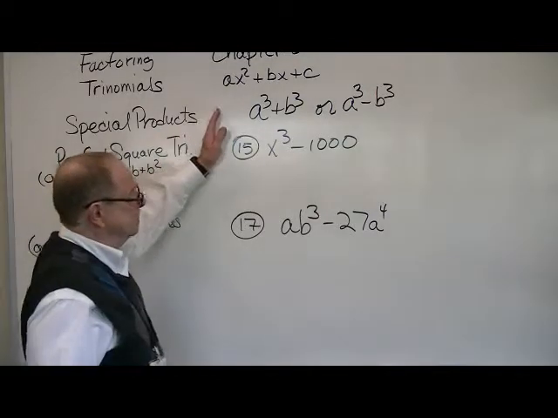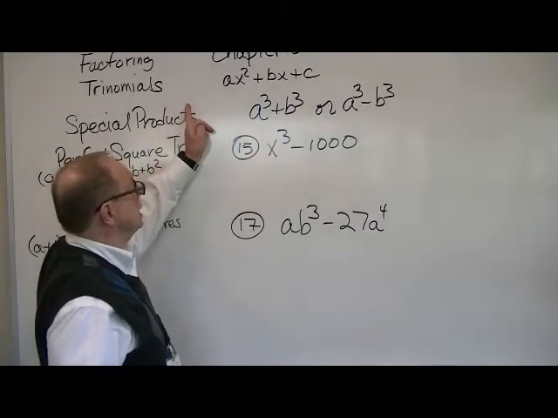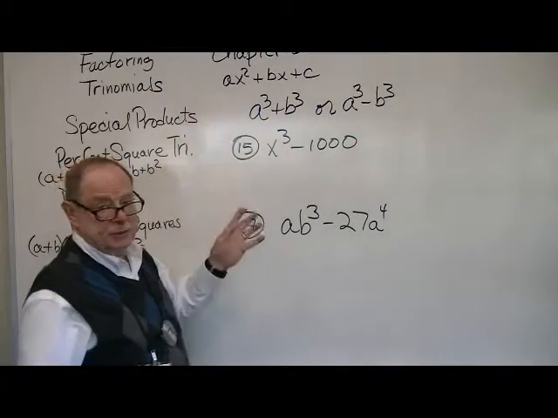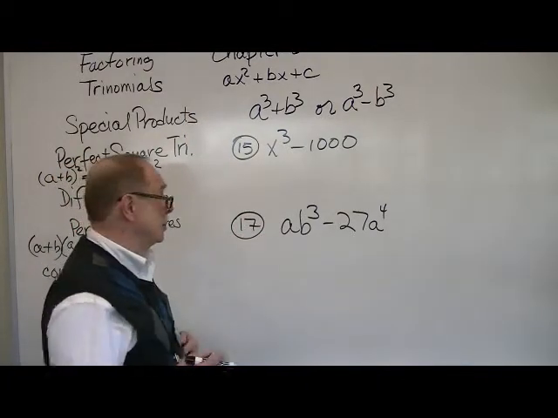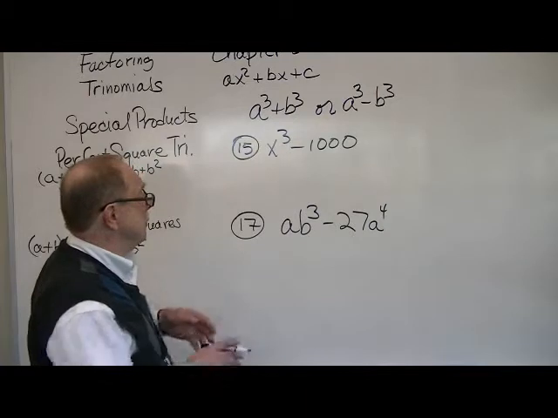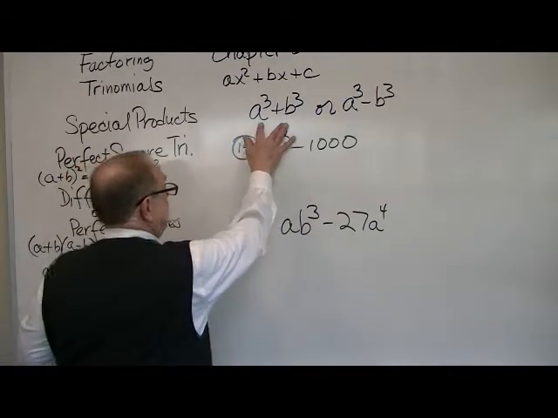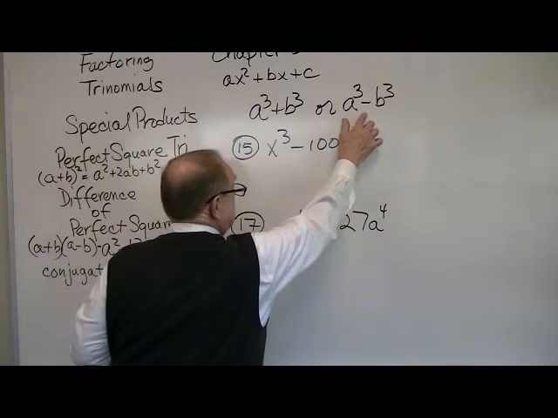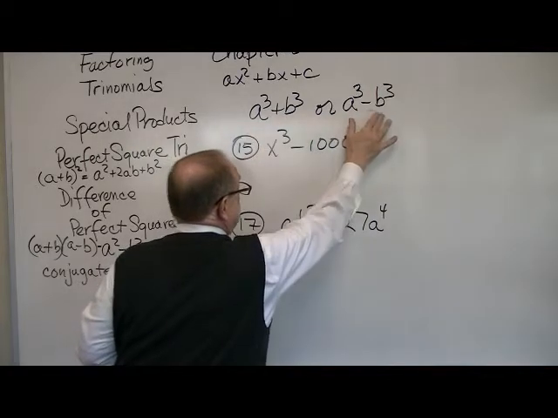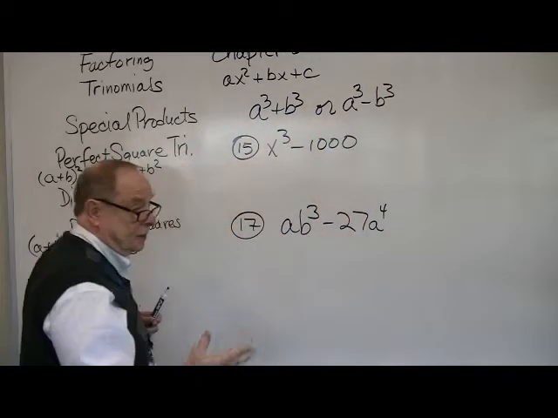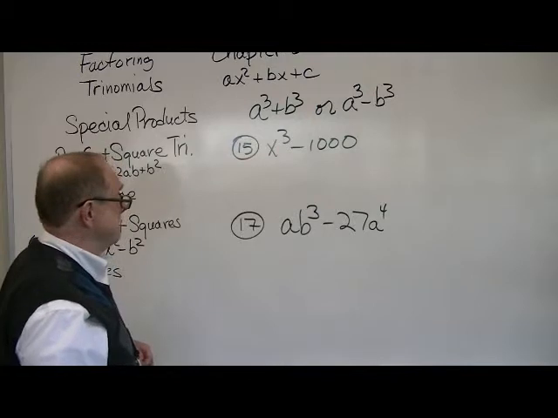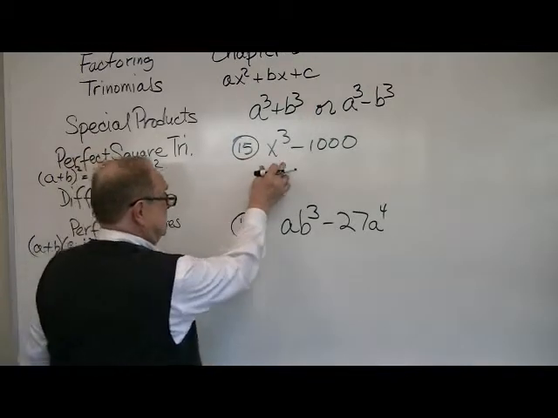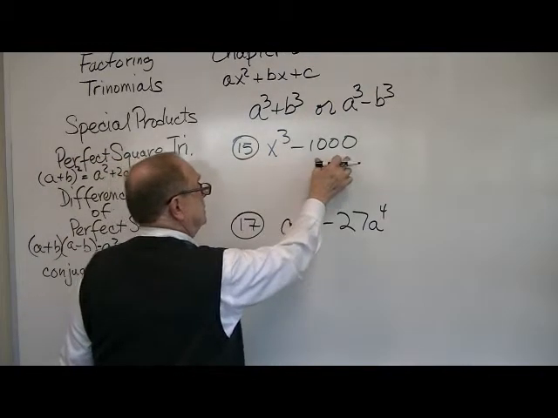Now, this next part of special products is something we treated in another video earlier, and it was called factoring the sum or differences of perfect cubes. And I'll review that recipe as we go on. So this is a perfect cube, this is a perfect cube.